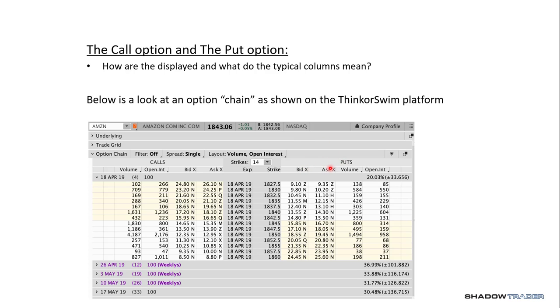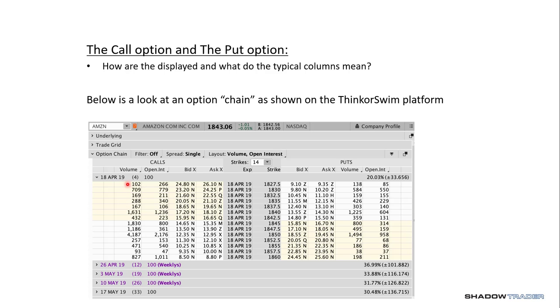Think of the ask as the retail price, and think of the bid as the wholesale price. Also, we have volume and open interest on both sides. Volume means the number of transactions that happened during the day. That's not contracts, that's how many transactions happened.